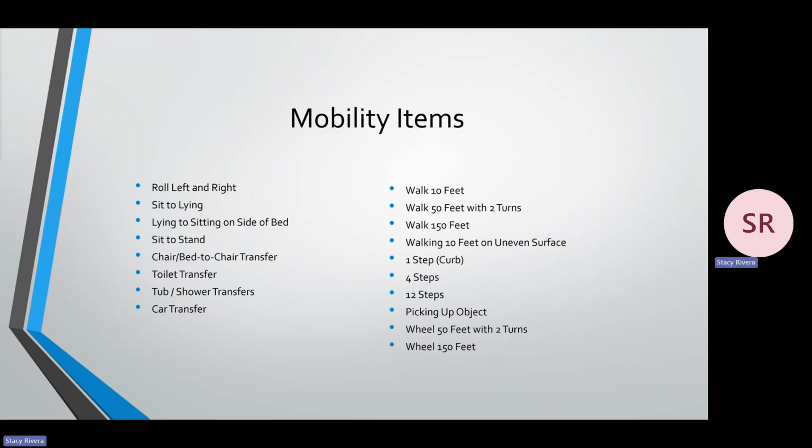And these are our mobility items, which are a little bit more extensive than our self-care, but we've got rolling left and right, sit to lying, lying to sitting on side of bed, sit to stand, chair and bed to chair transfer, toilet transfer, tub shower transfers, car transfer, excuse me, walking 10 feet, walking 50 feet with 2 turns, walking 150 feet, walking 10 feet on an uneven surface, 1 step or curb, 4 steps, 12 steps, picking up an object, wheeling 50 feet with 2 turns, and wheeling 150 feet. So for any of the PTs in here, this is what shows up on our eval on the functional mobility side.